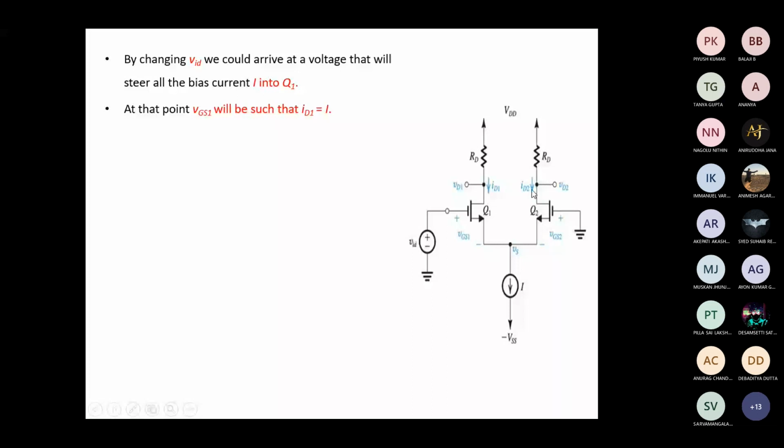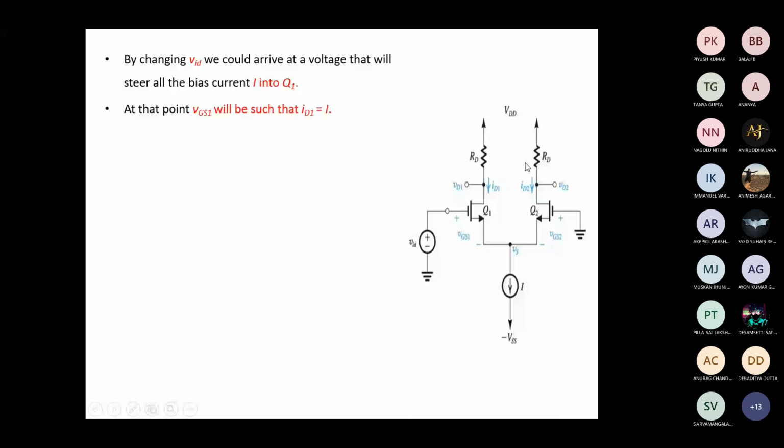There won't be any current flow across Q2 when ID1 is equal to the total current I. Like this, we can make the total current I flow in either of the transistors. Similarly, when Q2 is conducting, Q1 will be off, so we can make the total current I flow completely across ID2. It depends on the input voltage VID.